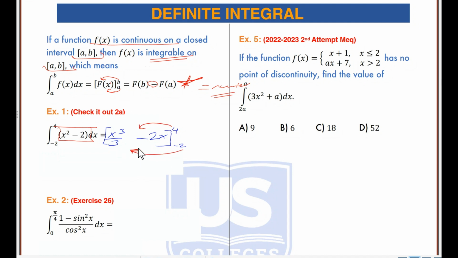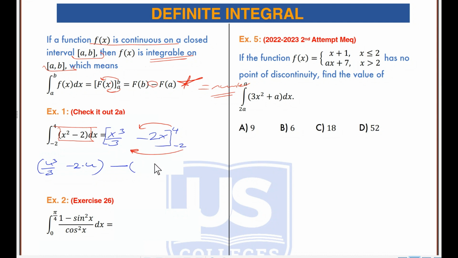Okay, we want to evaluate that at our upper bound and then subtract from that the evaluation at the lower bound, one by one. Let's continue. Substitute 4 for x first: 4 cubed over 3 minus 2 times 4. Put a bracket with a minus, because we are subtracting the results.